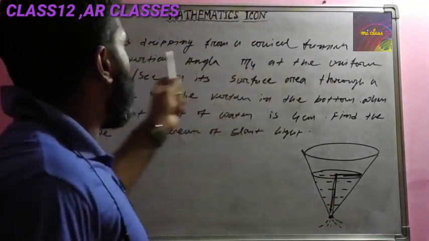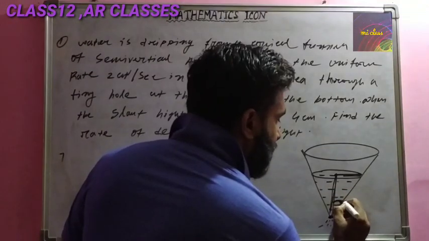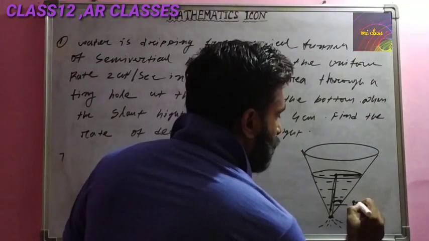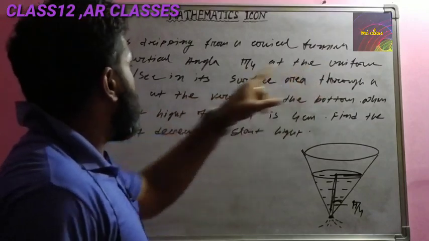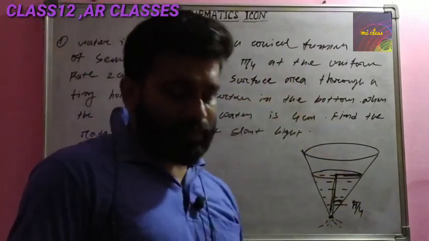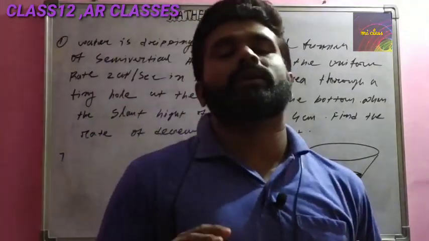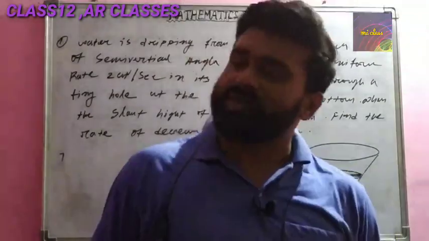Water is dripping out from a conical funnel with semi-vertical angle pi by 4. That means this angle is pi by 4, at the rate of 2 centimeter square per second in its surface area. That means the surface area of this water is decreasing at the rate of 2 centimeter square per second.